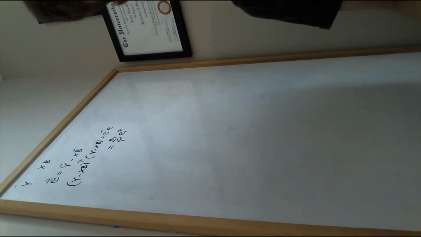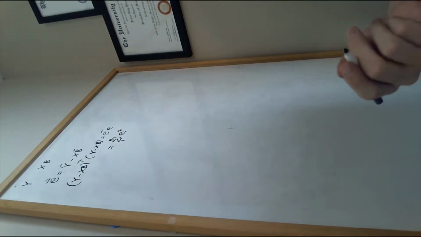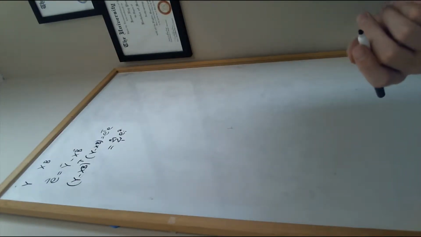So we want to minimize this thing. We're going to take the derivative with respect to beta, because that's what we want to minimize with respect to.